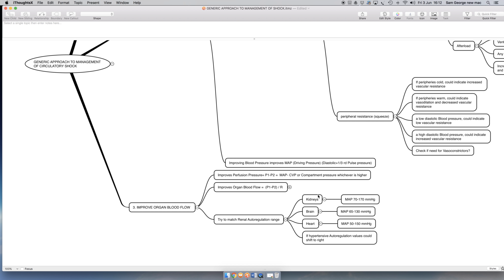Can you see the kidneys are quite sensitive? They are basically filters. They sit in the arterial system, the vascular system, and they help filter out, and they require a higher perfusion pressure.